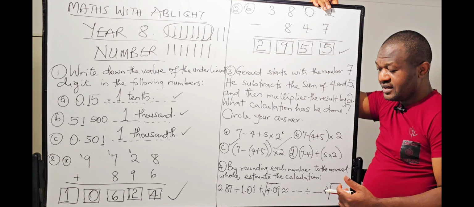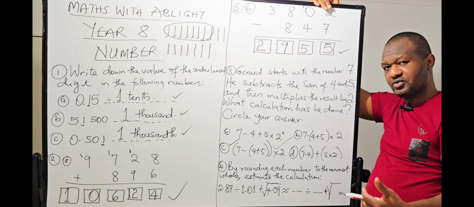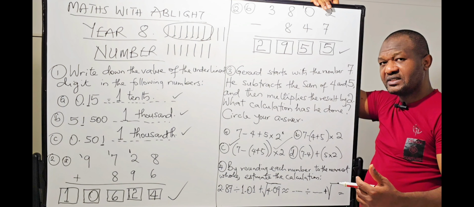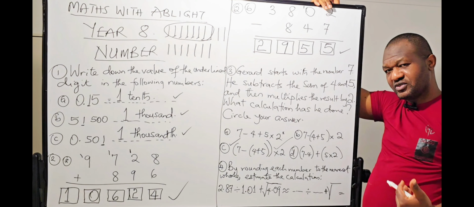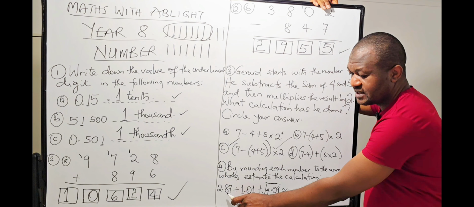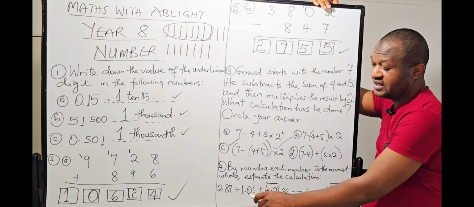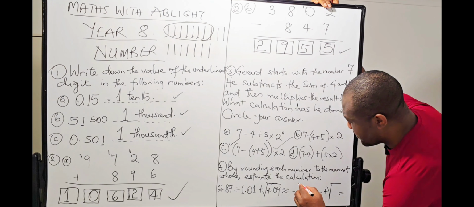You know why? 2.87 is closer to 3 than to 2. Because anything that is above 5, you just make it like 1, add it to the preceding number. 8 is already bigger than 5. So call it 1, add it to 2, that makes 3. So you write down 3 here.